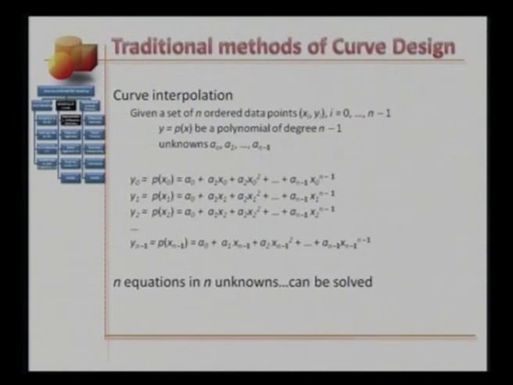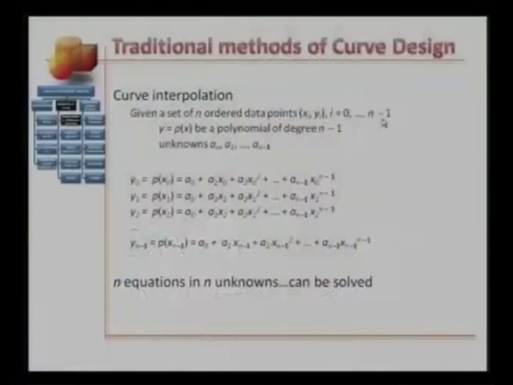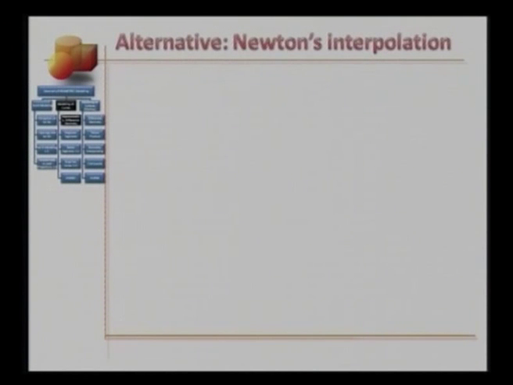Notice that matrix inversion is an n cube operation. If the number of equations, that is, if the number of data points is large, the inversion process will be slow. An alternative is the Newton's interpolation technique.